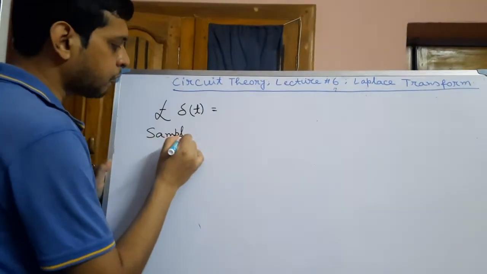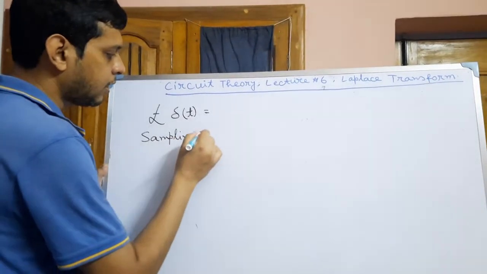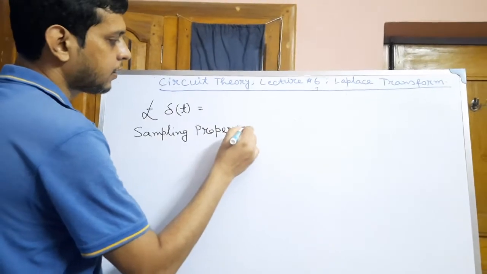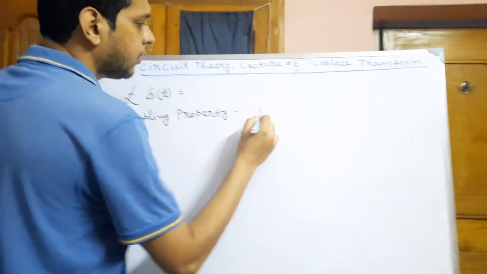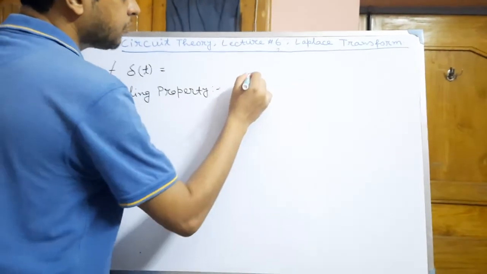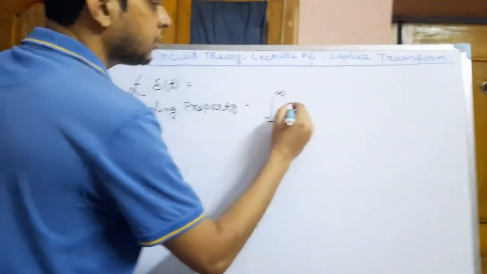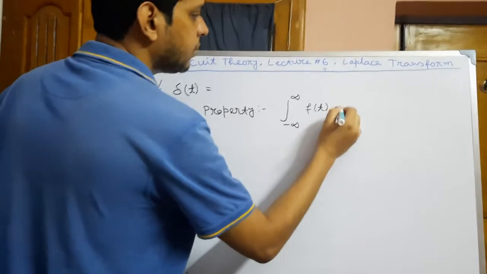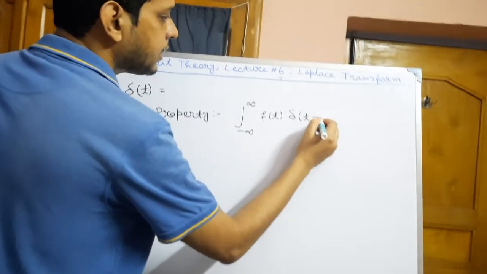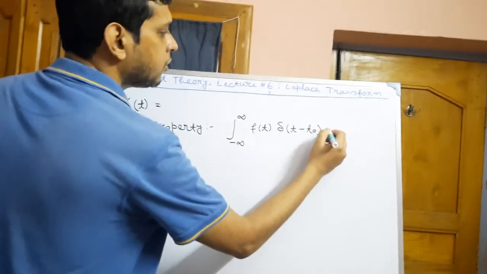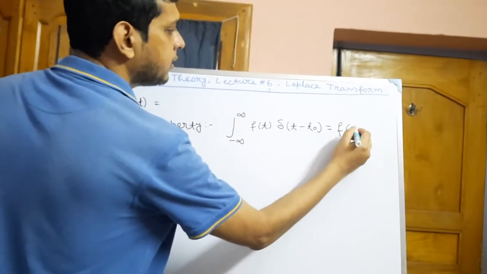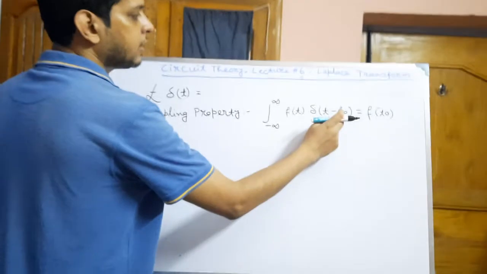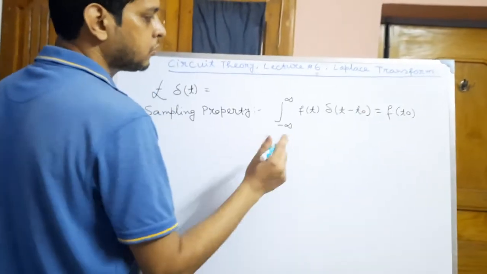The sampling property says that the integration from minus infinity to infinity of f(t) delta(t minus t0) equals what? F(t0), the function value at the instant t0.